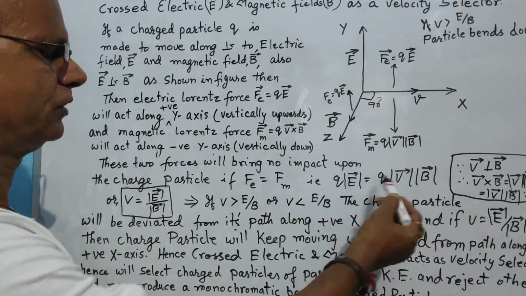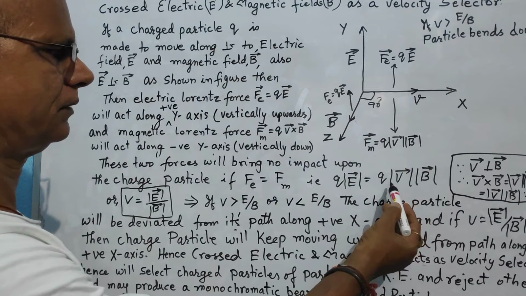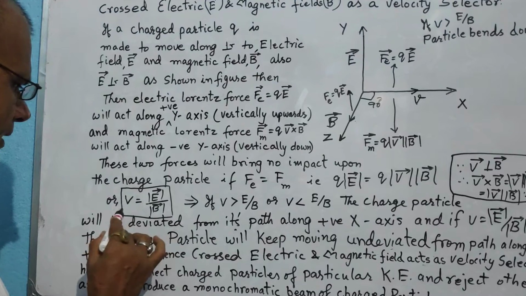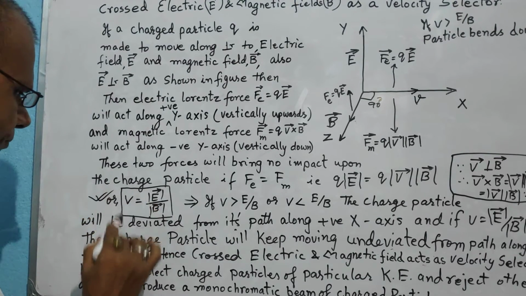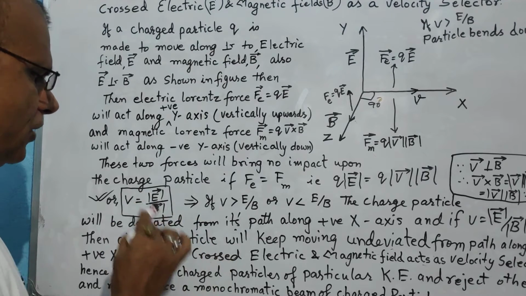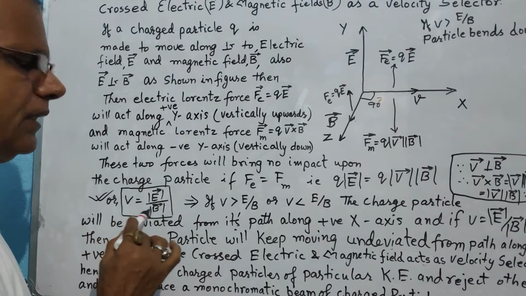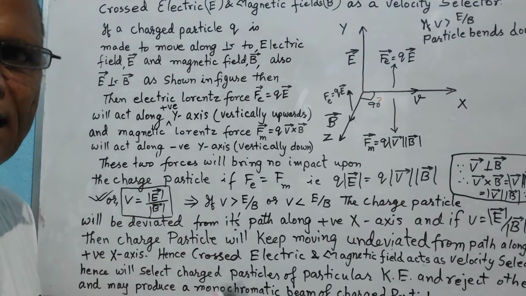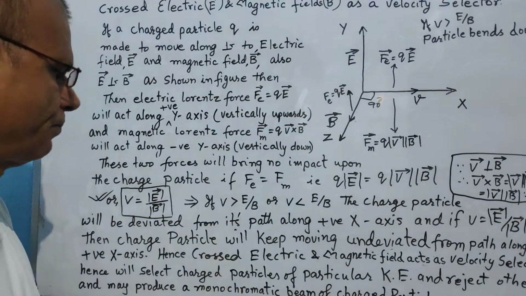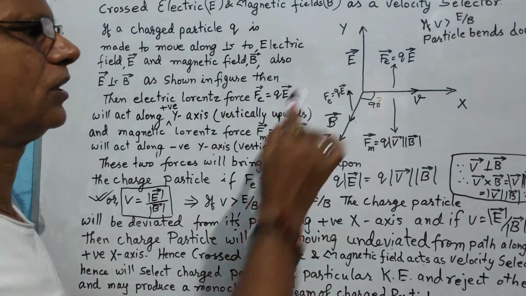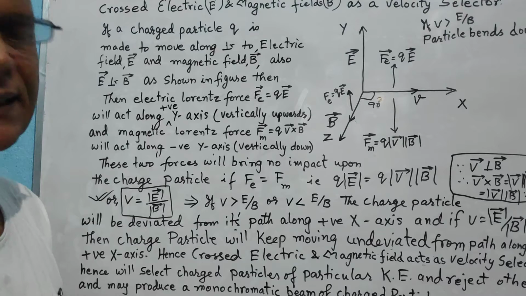So q is cancelled, and the magnitude of velocity becomes equal to E by B. And here you see, if the velocity of the charged particle is equal to the ratio of electric field and magnetic field applied here, then the charged particle will keep moving along the original path, that is the positive x-axis.